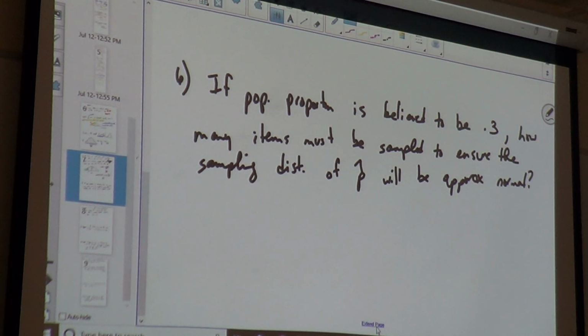I want to know how many items must be sampled. Remember when we had 50 and I said, how many more? This is just saying, how many do you need?